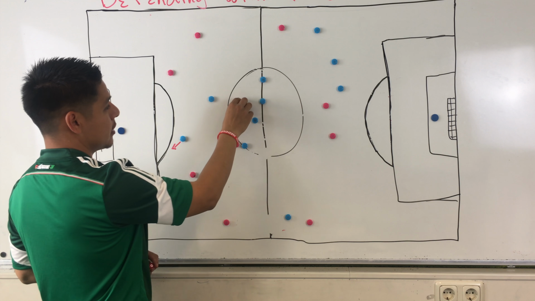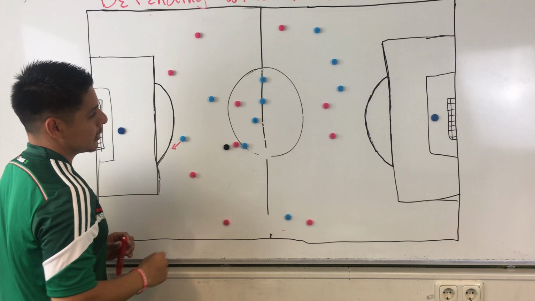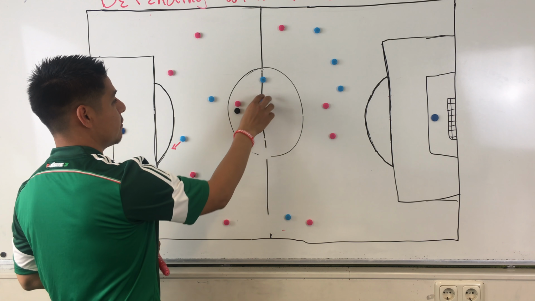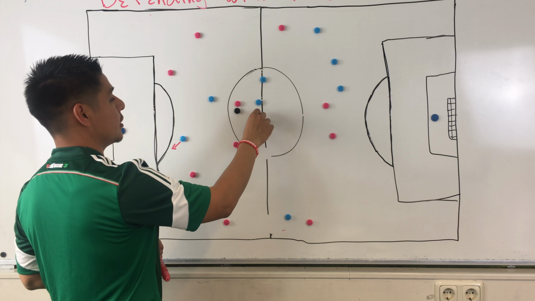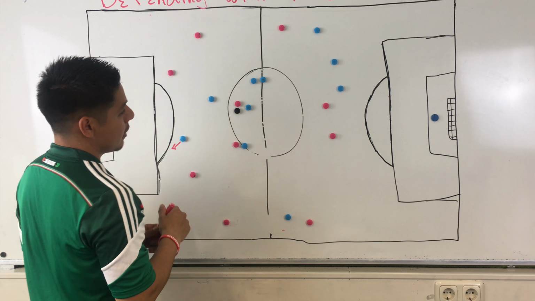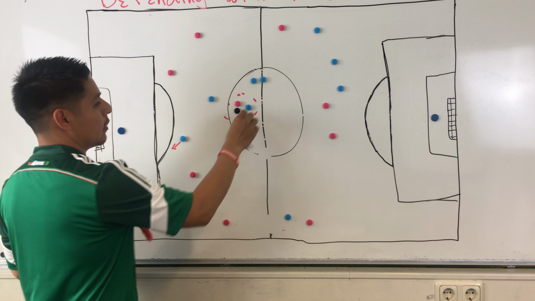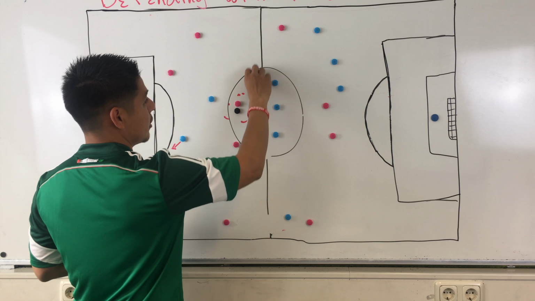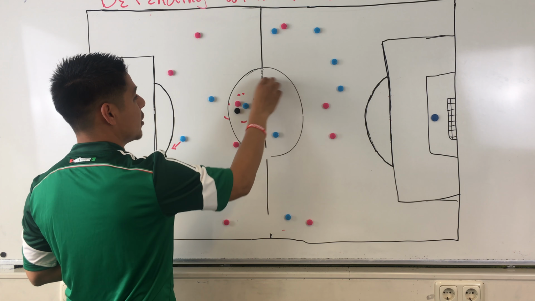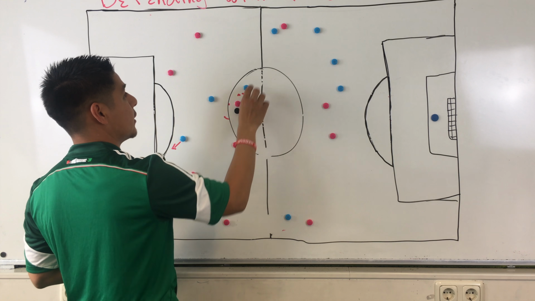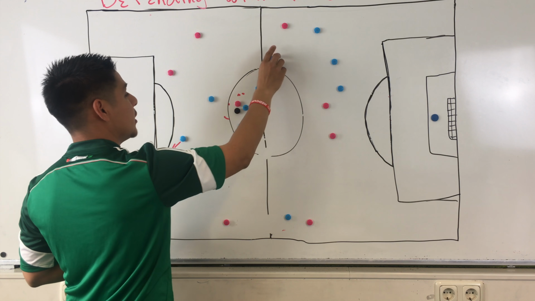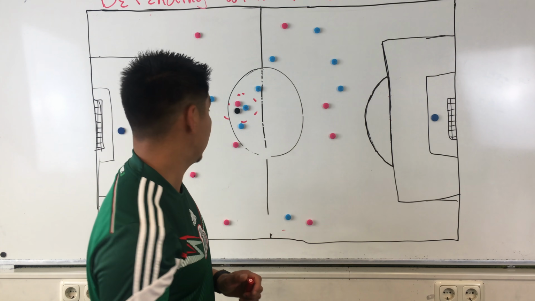We press up so that this player does not get the ball, and if they do get the ball, then we're there to attack. If the ball is in the center of the field, then we want our center midfielder, meaning this player, to be the first to pressure up.